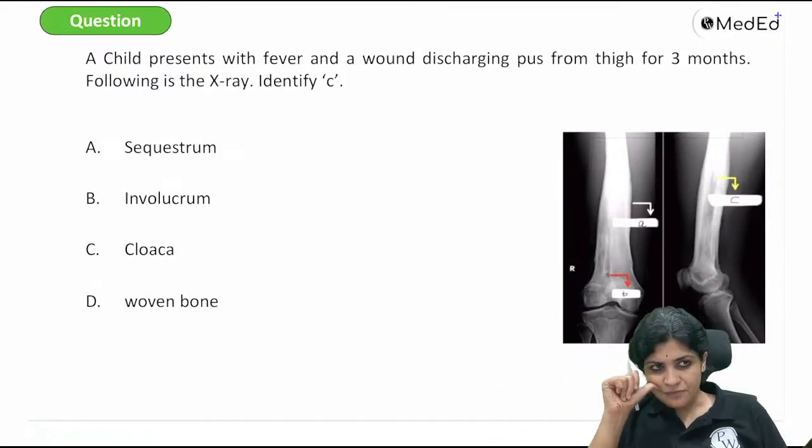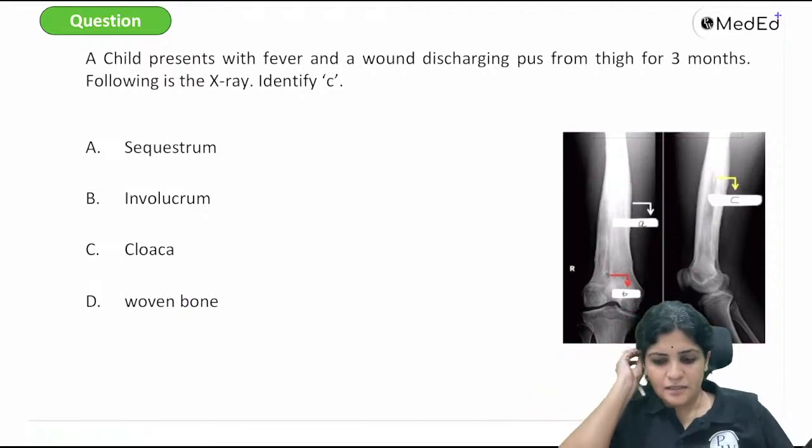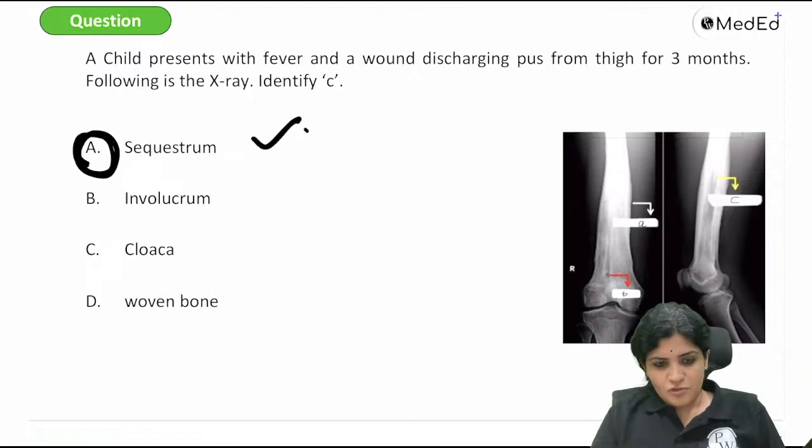What is this? Answer for this? Bharat, answer this. Yes, very good. Sequestrum. So what is B?